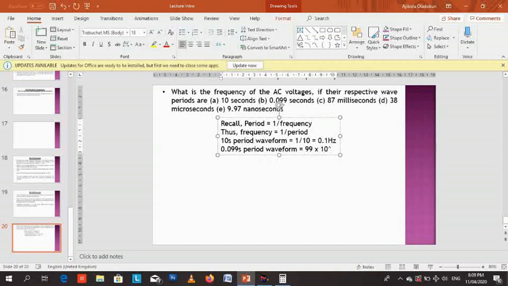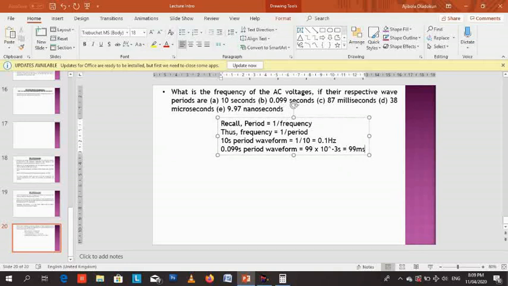If you move the dot to the right 3 times, we have 99 times 10 to the power minus 3 seconds. Remember that 10 to the power minus 3 is milli, so that is 99 milliseconds, written ms or in full as milliseconds.